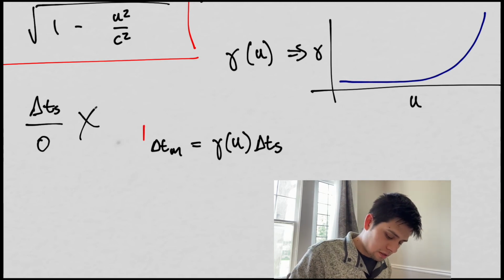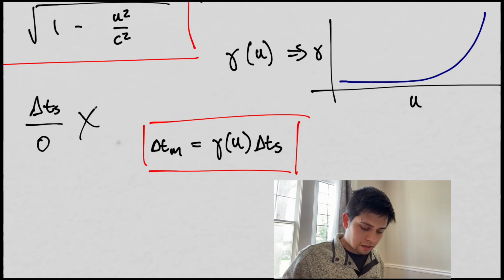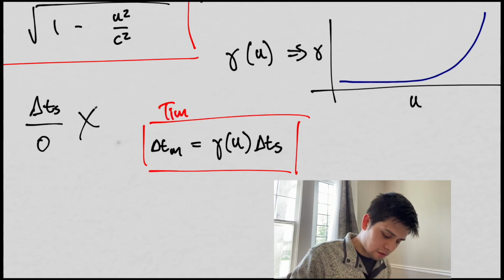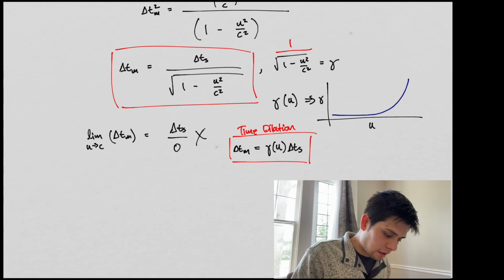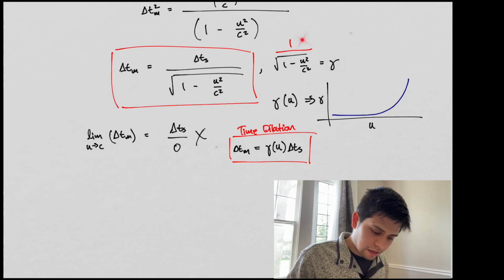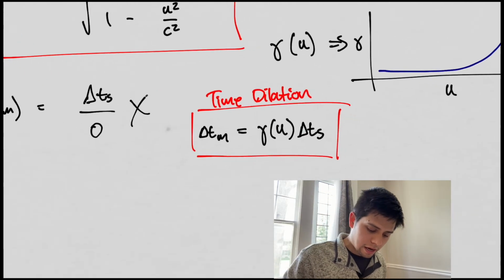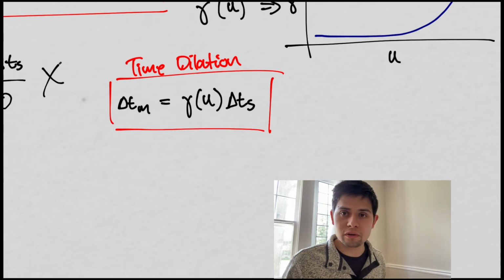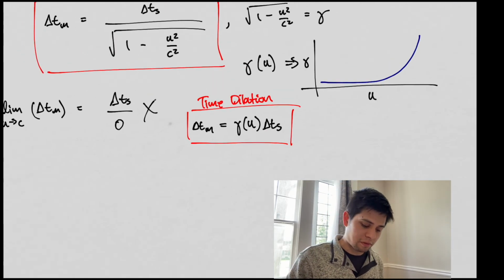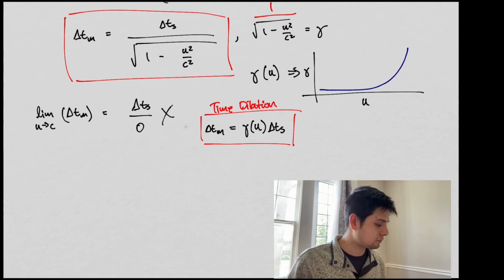This is the equation in its entirety, and this is time dilation, where gamma is this factor right here. It's a function of u. This is how time dilates as we speed up in the x, y, or z direction.